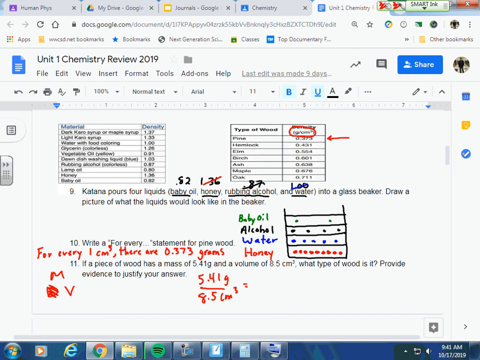And the answer comes out to be 0.636 grams per cubic centimeter. And if I look at the table, that's pretty close to 0.638, which means it would be ash. Reasoning.